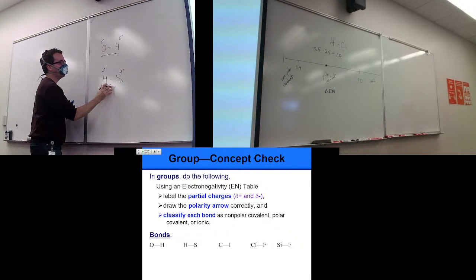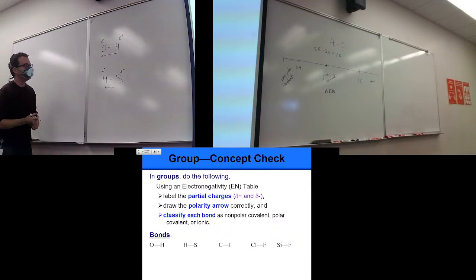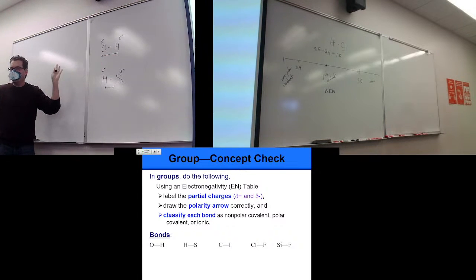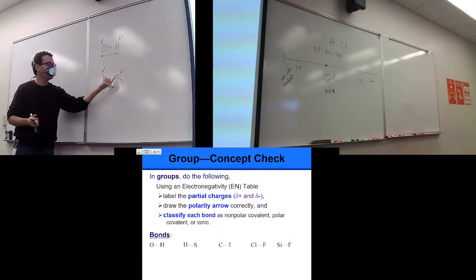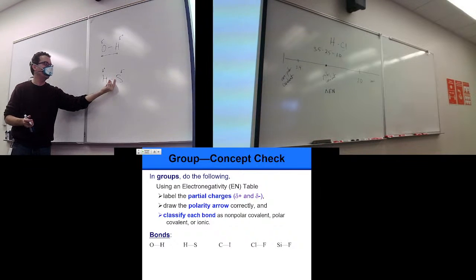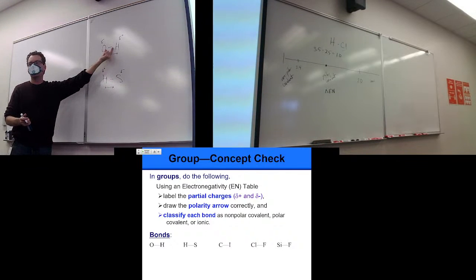But what I would know here is the dipole moment would be a lot smaller. So the length of this arrow should be shorter than this one. How long it is, it's relative. It's up to you, but it should be shorter because this bond is not as polar as this bond is. The difference in electronegativity between hydrogen and sulfur is smaller than the difference between oxygen and hydrogen.